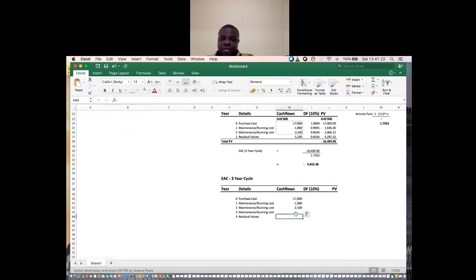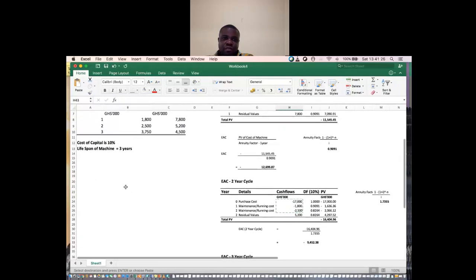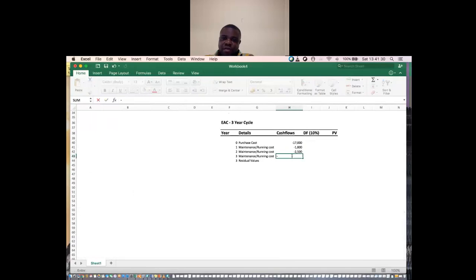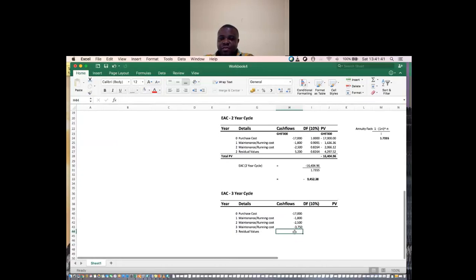That for year 3 is 3750. Okay. So you have 3750 for that. And then the residual value for year 3 is 4.5 million. So that is positive 4.5 million.